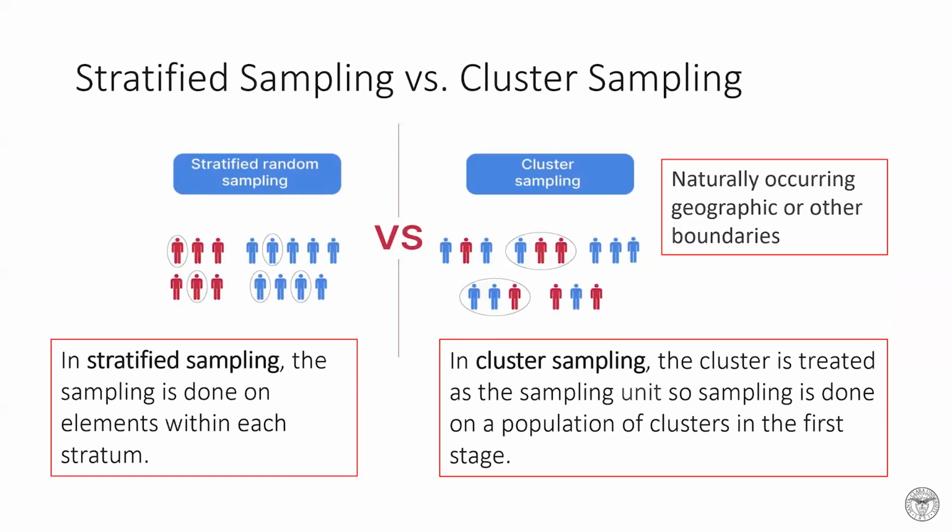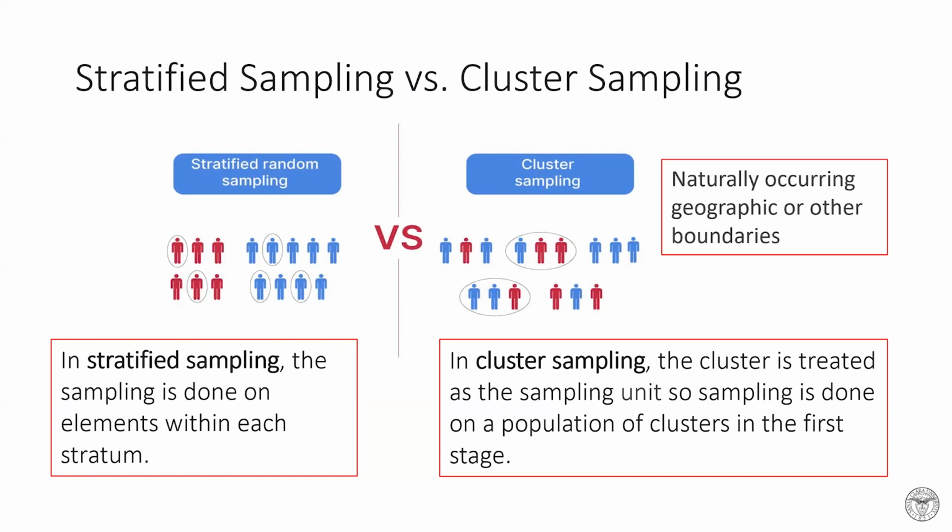We now talk about the differences between stratified sampling and cluster sampling. The first main difference is that with cluster sampling, you have natural groups, geographic or other boundaries, separating your population, such as city blocks, voting districts, or school districts.